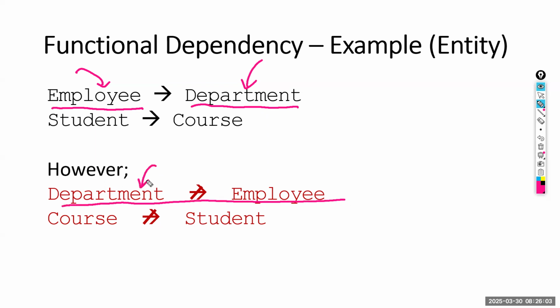If you know the department, it doesn't mean that you know the employee. But if you know the employee, you know the department. Right? If you know the student, you know the course, assuming that a student is assigned to only one course.